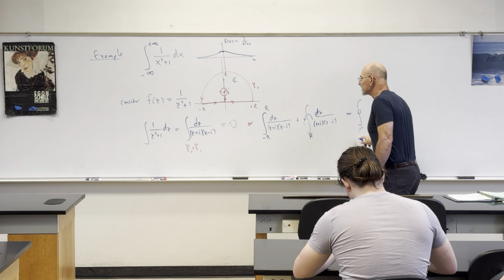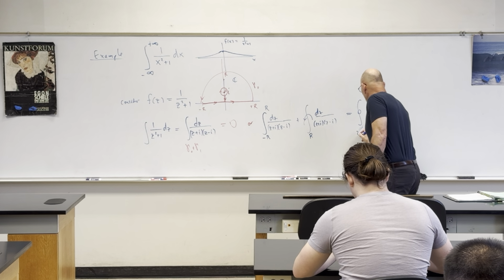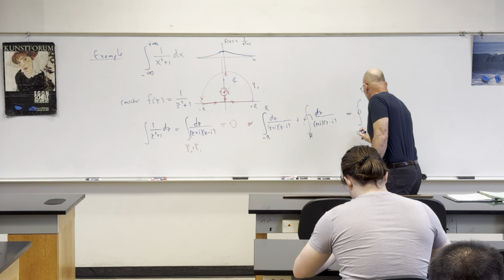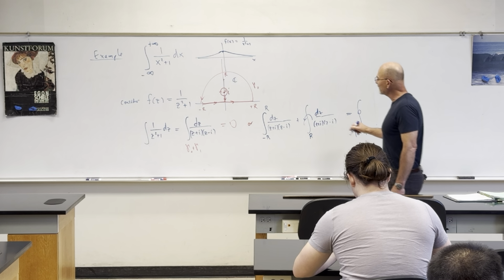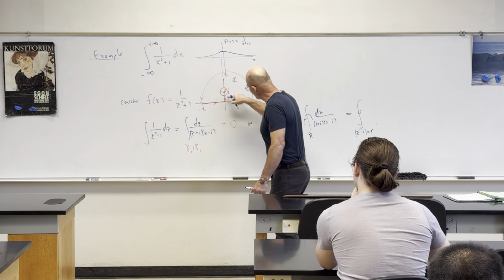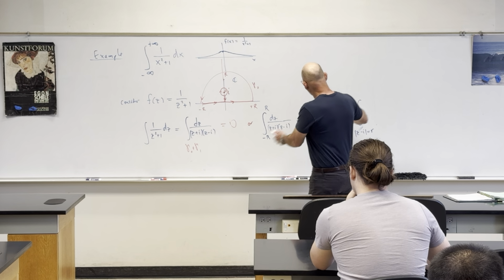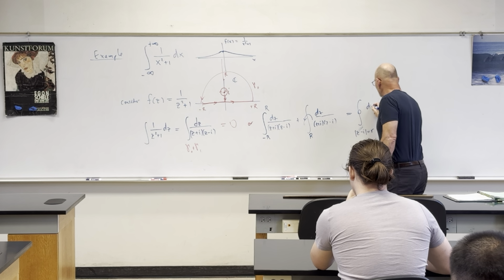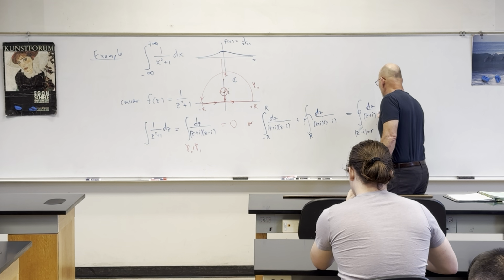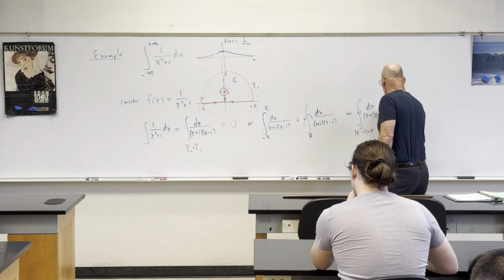In fact, I can say the absolute value of z minus i equals lowercase r. So this is the inside one, except we're going to reverse it, do exactly what I had there a minute ago. So dz over (z plus i)(z minus i).